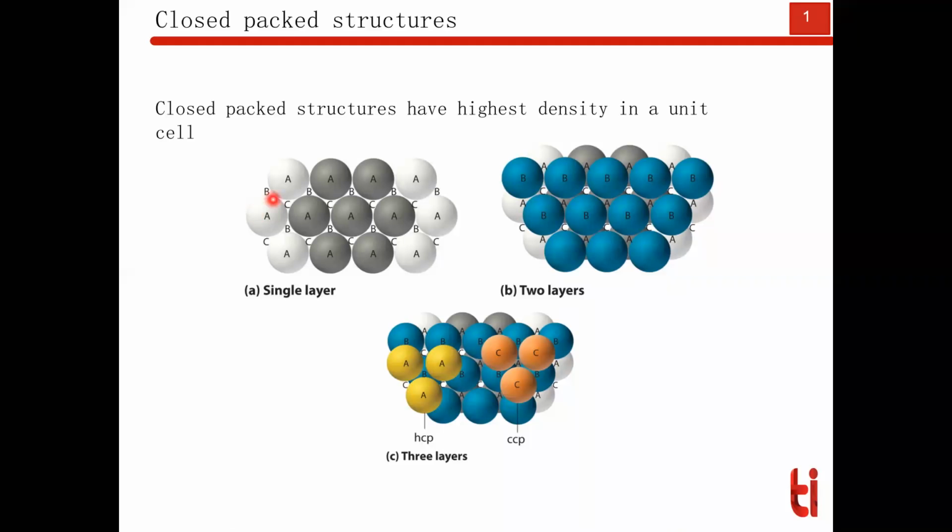In layer A, the three atoms making valley C are organized in a triangular geometry, as a front triangle.